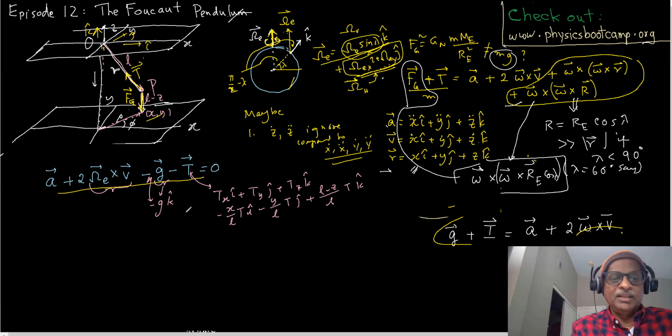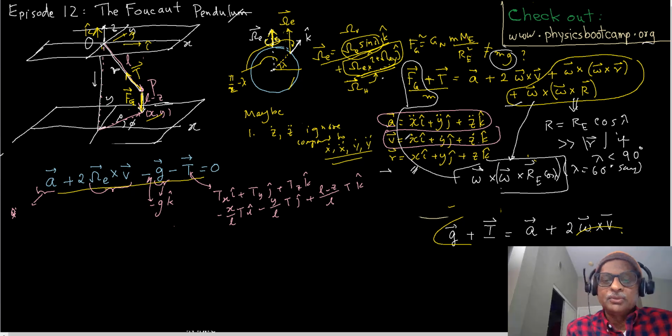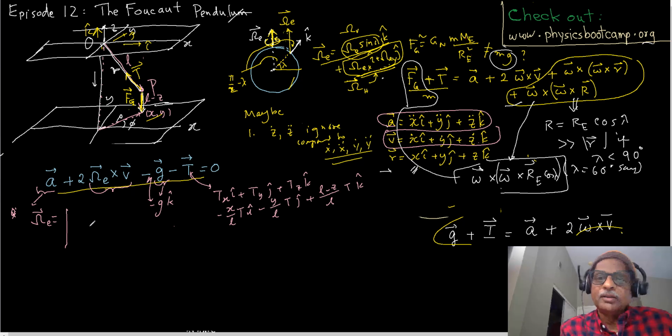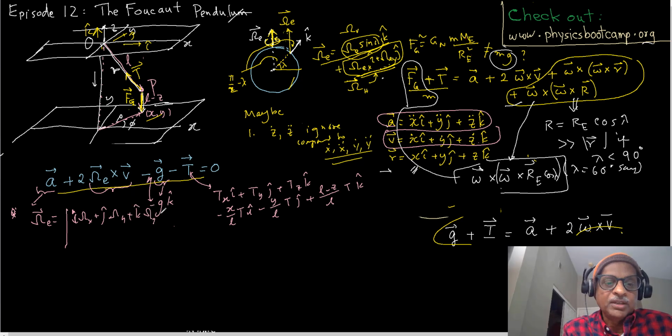So this is very easily resolved. I've already written it over here, so I don't need to write it again. With that we can try to write this. Okay, so omega Earth is going to be i hat omega x plus j hat omega y plus k hat omega z, and omega z is the one that's written down over there.